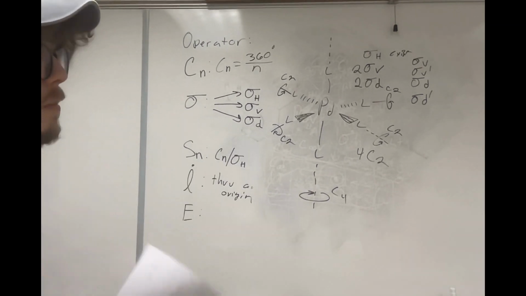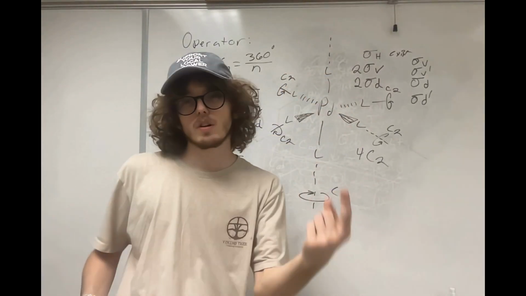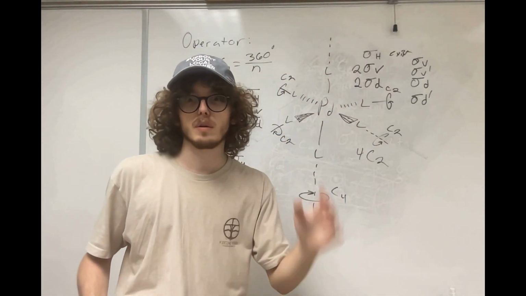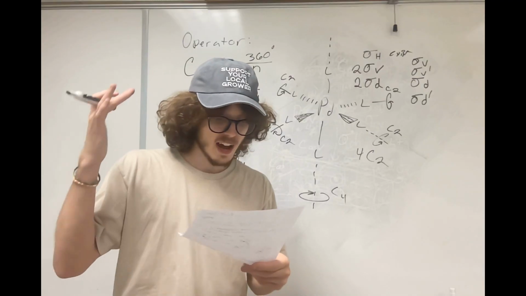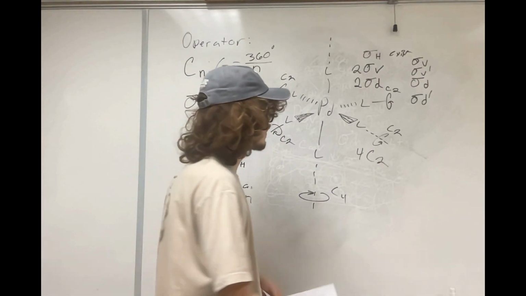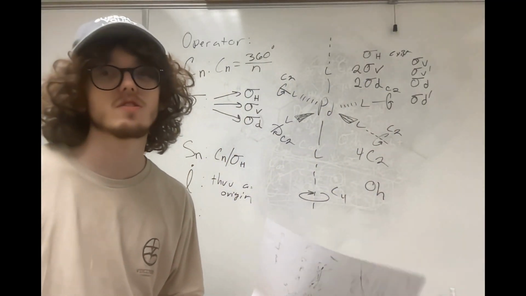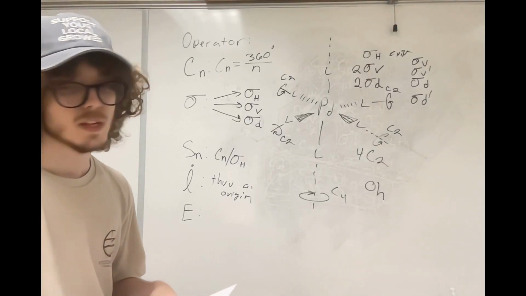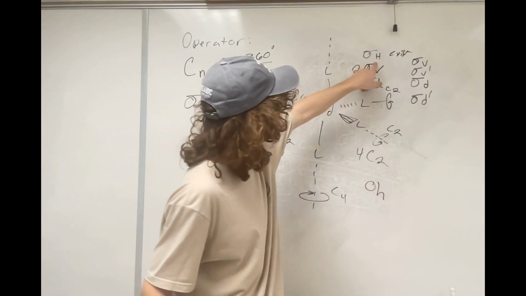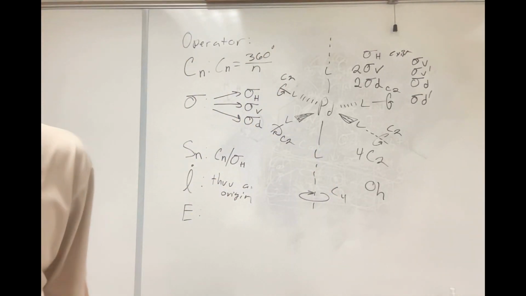The way that you determine that is if you have equivalent ligands in a tetrahedral, octahedral, or that other kind of symmetry. And it turns out, yes, we do. This is going to be Oh symmetry, or octahedral symmetry that has a sigma h plane in it. So that one was pretty easy.